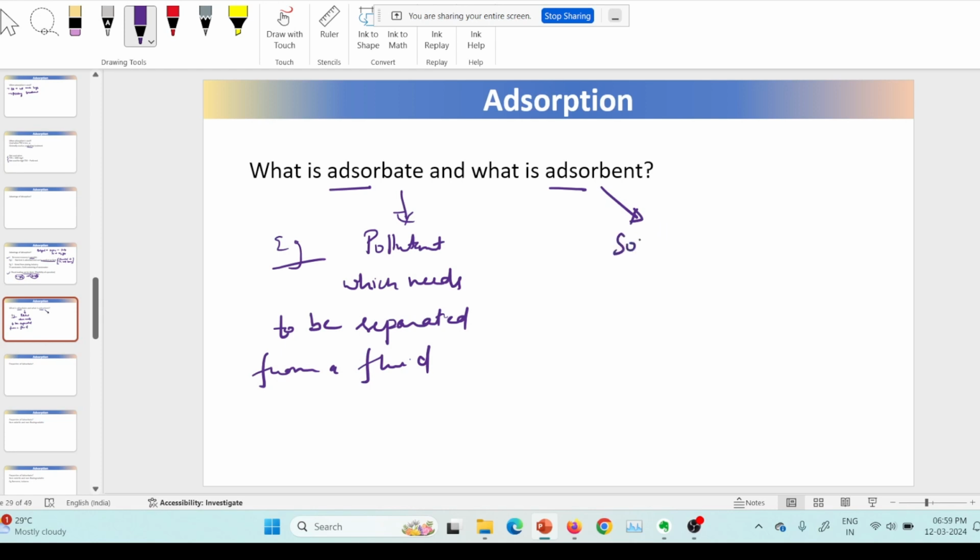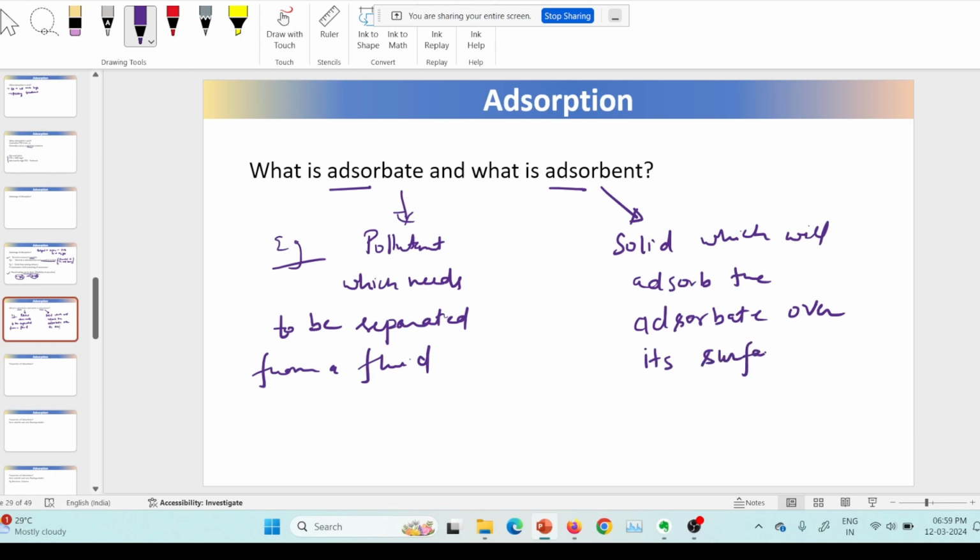Adsorbent is a solid which will adsorb the adsorbate over its surface. This fluid can be liquid or gas.